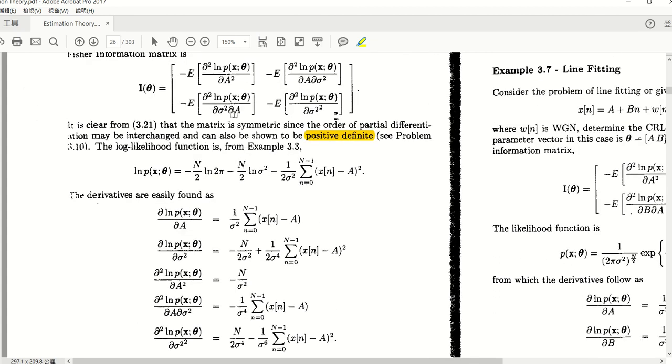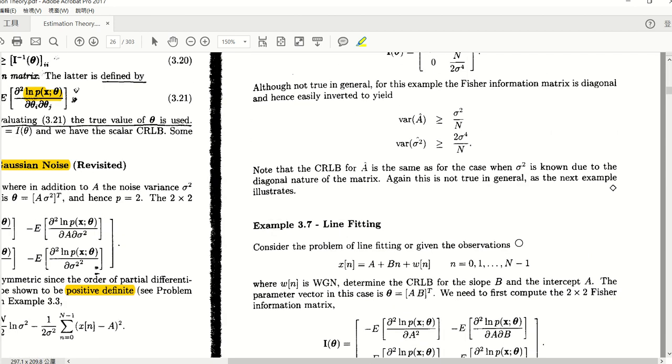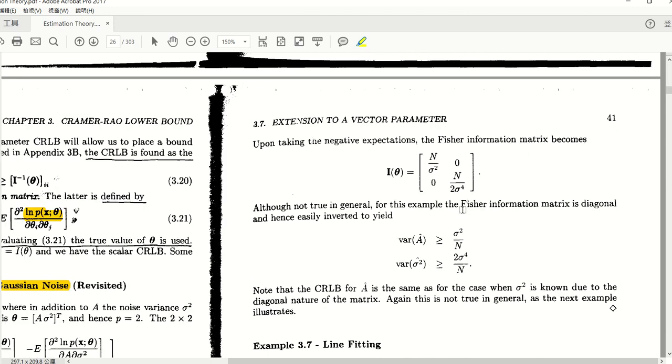So now we have this right here, this and this here, and this term here because it's second order twice. So we have every term in the Fisher information matrix in here. Okay, now we are happy, we have every term with us.